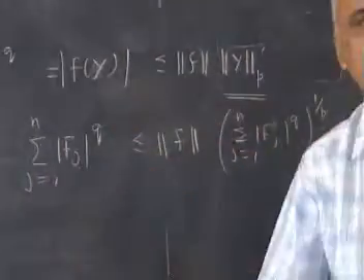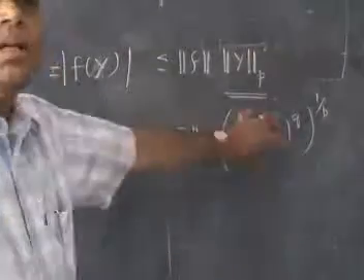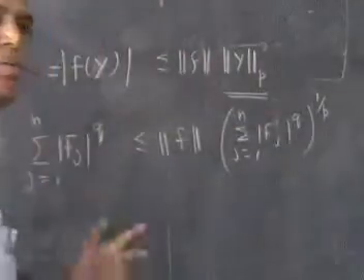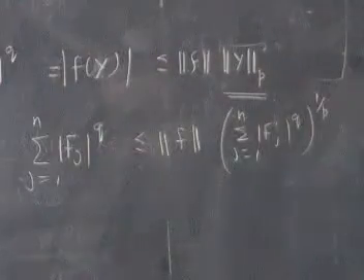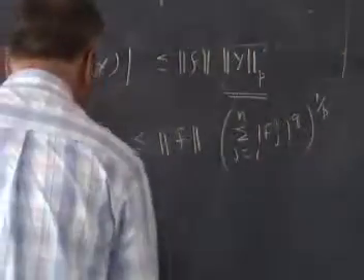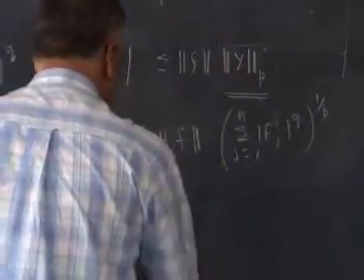Now take it to this side. This is alpha, alpha to the power of 1 over p. So this is alpha to the power of 1 minus 1 over p, which is 1 over q. So this is simply summation j equal to 1 to n mod f_j to the q, to the power of 1 over q.